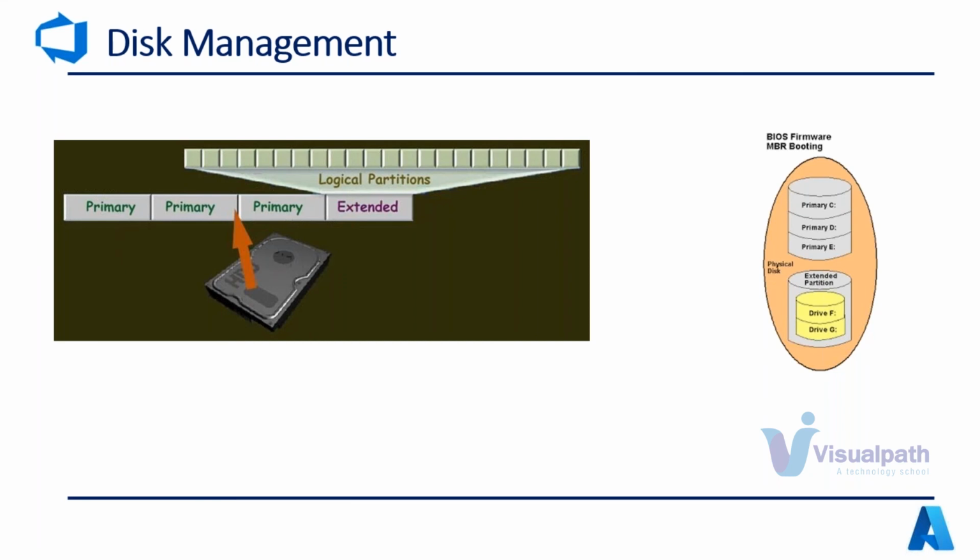Let's see. Any disk, whether you attach it to Linux or Windows, can have 4 partitions. They can have 4 primary partitions, and the fourth primary partition can be extended and separated into logical partitions. So what are these partitions? These partitions logically separate your disk so that you can format each partition separately.